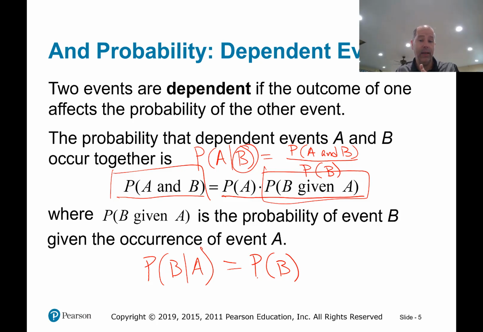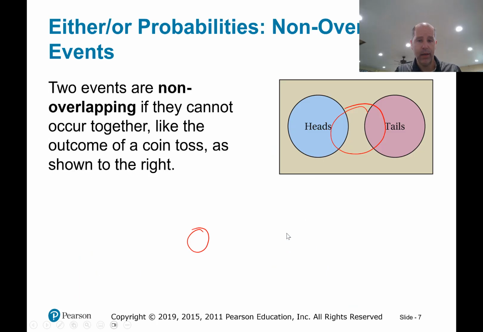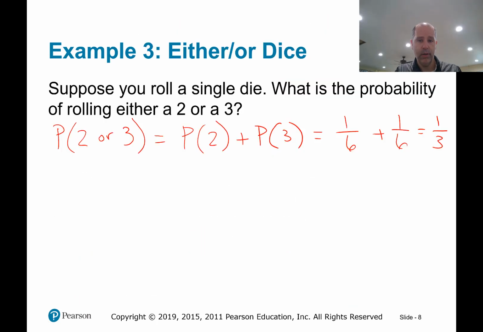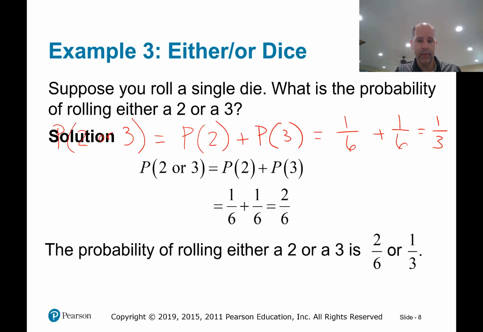So if we understand the general multiplication rule, and we understand that if the two events are independent, then the probability of B given A just reduces to the probability of B, and we just get the simplified multiplication rule. So just something to think about. All right, so now let's go forward.